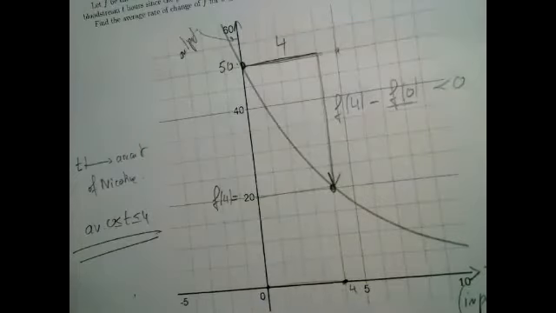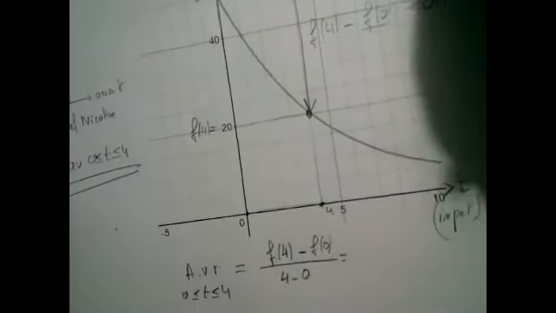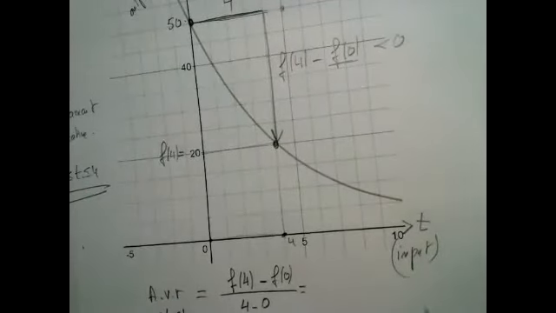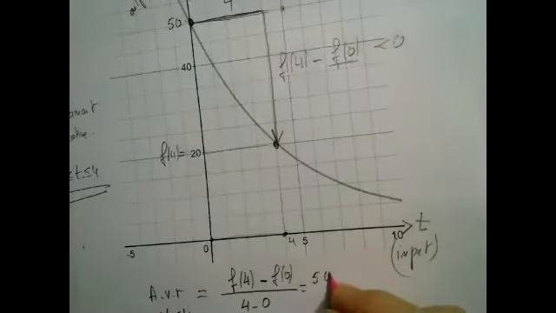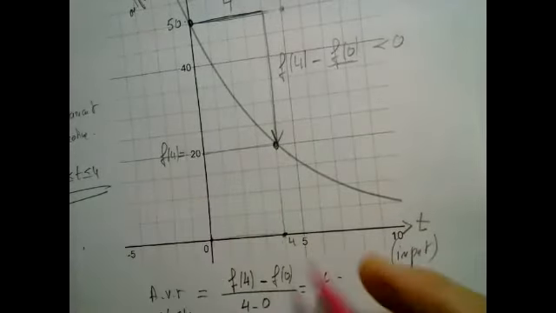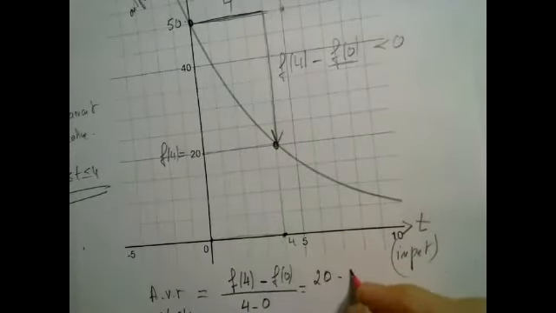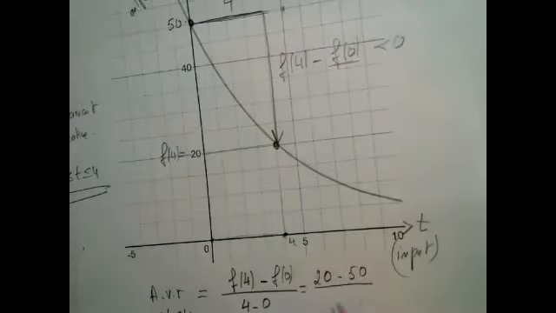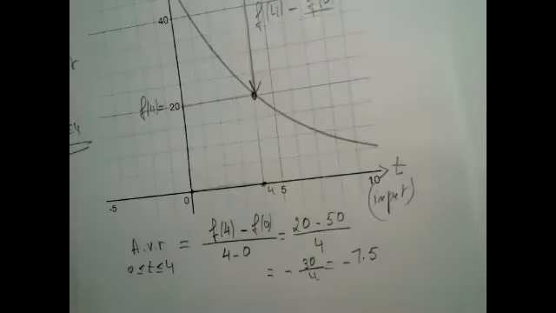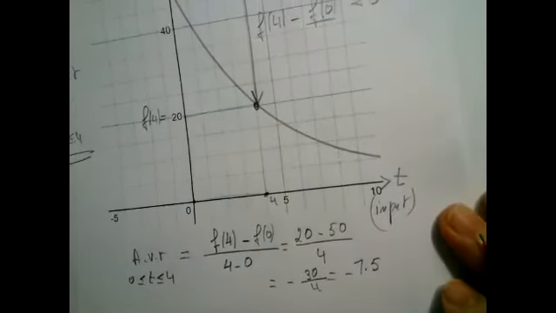So the average rate of change is going to be, now we replace verbatim, f of 4 is 20, minus f of 0 is 50, divided by 4. This gives me minus 30 over 4, or minus 7.5. Another question, what is the unit?